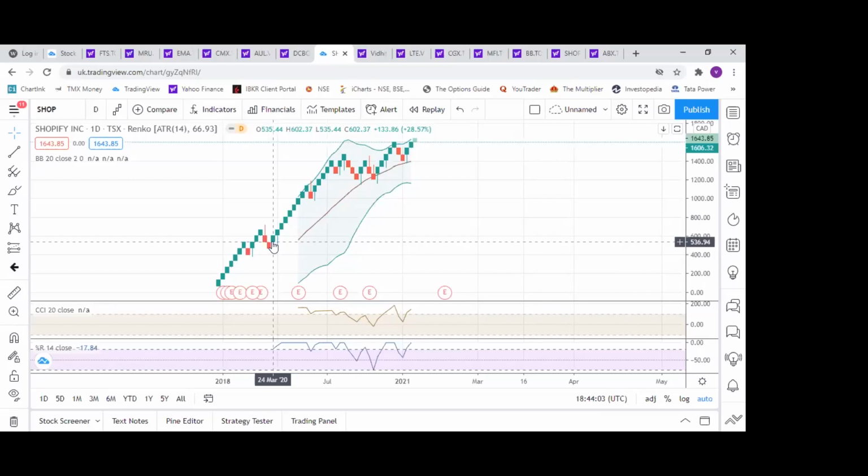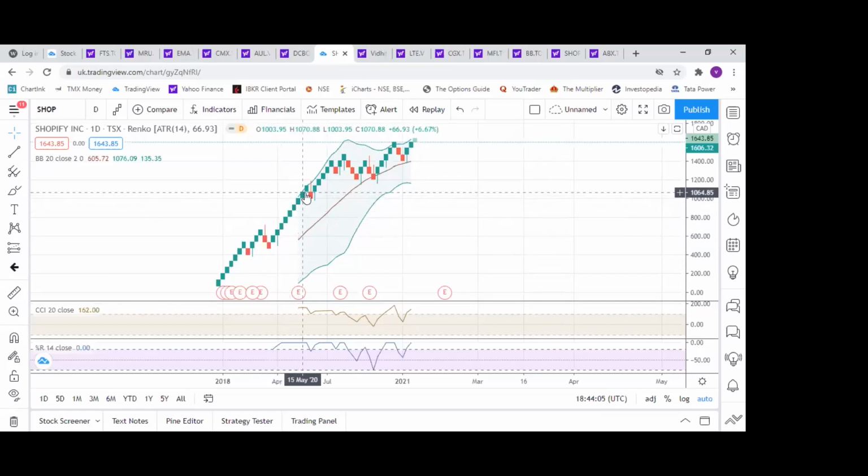High of 602. It went up. The first red candle was in June 2020, March to June. And the low of that candle is 1004.